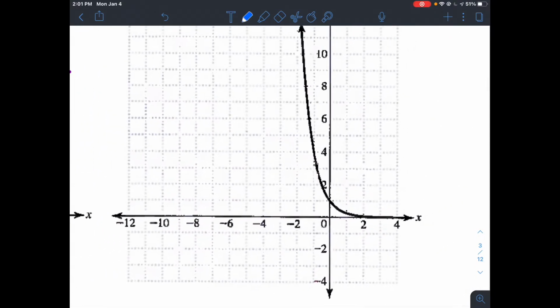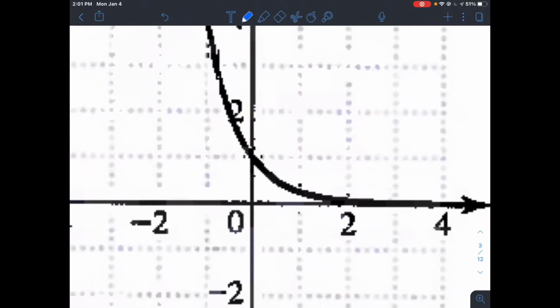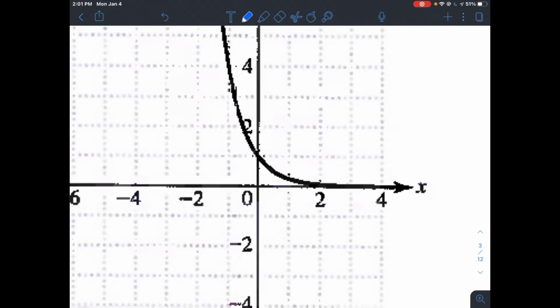We notice that this one is decreasing. The function for that will be y equals 1/4 to the power x. Now, this isn't a starting value times a multiplier. Why? Well, if I look at my y-intercept, it's at 1. And typically, we don't say 1 times 2 or 1 times 3.